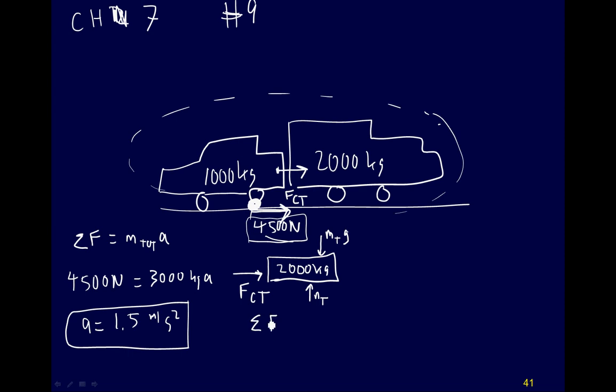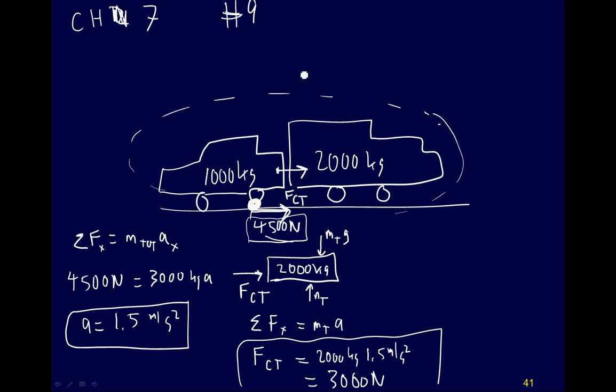So if we do F equals ma just on the truck, we should be careful. We're doing these all in the x direction, the horizontal direction. This will be mass of the truck times a, so the force of the car on the truck equals the mass of the truck, 2,000 kilograms, times the acceleration, 1.5 meters per second squared. When I figure that out, I will get a force of 3,000 newtons.